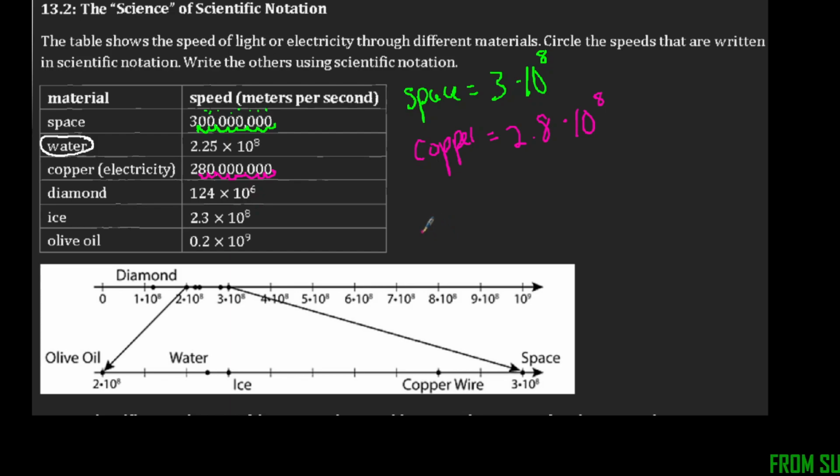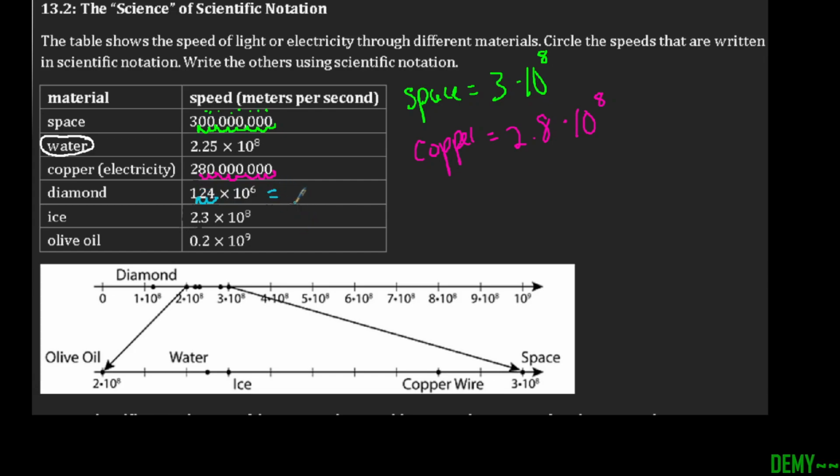Then we can say for these other ones, let's change diamond to be in scientific notation because we need to have a smaller number. This number right here has to be in between 1 and 10, which it is currently not, so I need to make it a little bit smaller. So I need to put the decimal place in between the 1 and 2.